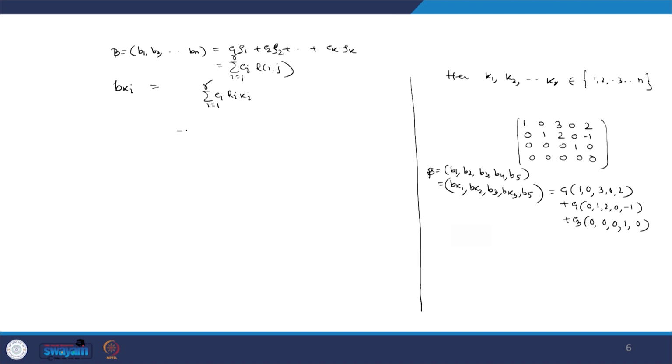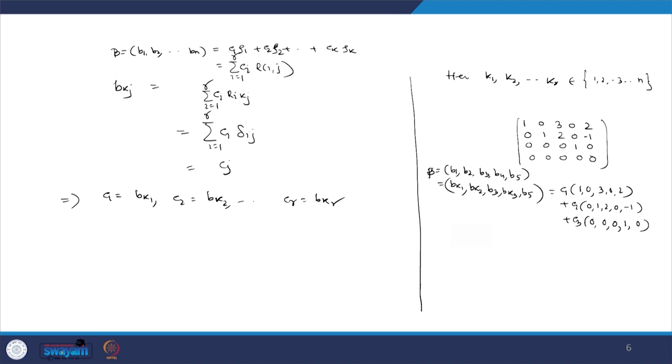So this is simply c_j. So b_kj is equal to c_j. This implies c1 equal to b_k1, c2 is equal to b_k2 and c_r equal to b_kr.